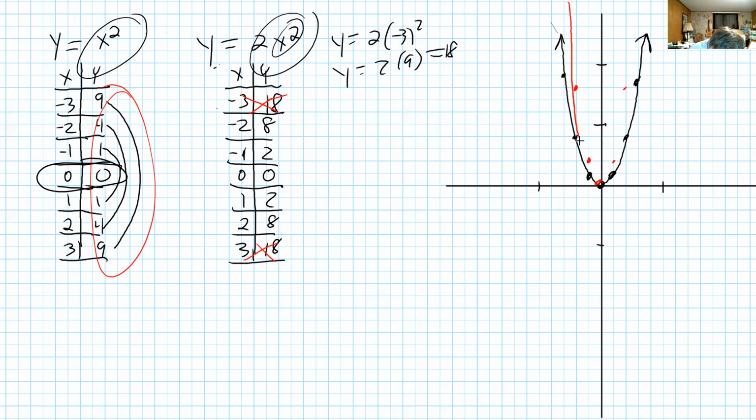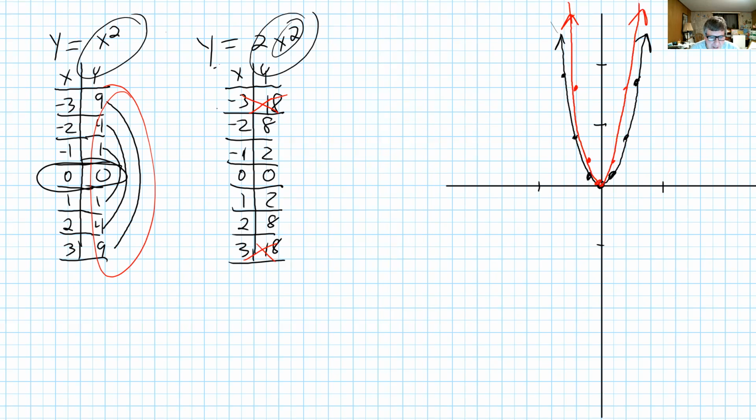So my graph looks like that. Can you see that in comparison to y equals x squared, y equals 2x squared is climbing steeper faster? Does that make sense?